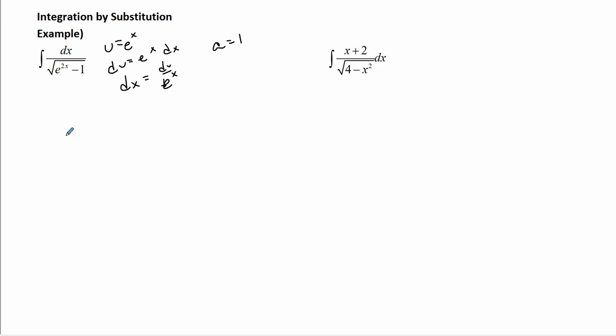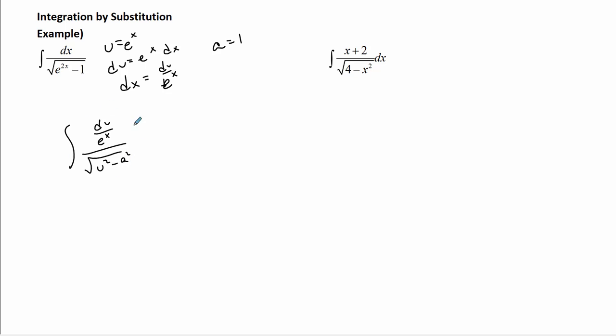We get the integral of du, where dx is equal to du over e to the x. So I get du over e to the x over the square root of u squared minus a squared. Now what happens?